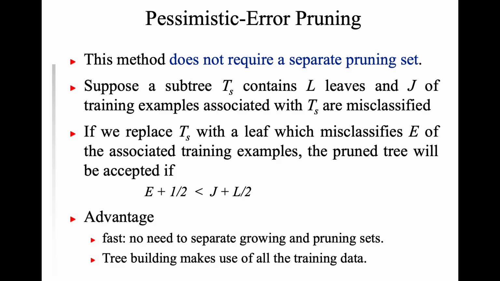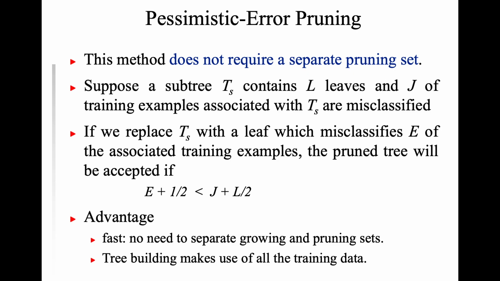So just to address that, we can use the pessimistic error pruning, and this method doesn't require a separate pruning set. So in all the other ones, we said, okay, we have a grown set, we have a prune set, and then we compared, for example, the accuracy or the error rate of the pruned tree with the unpruned tree, and then we decided to either prune or keep.